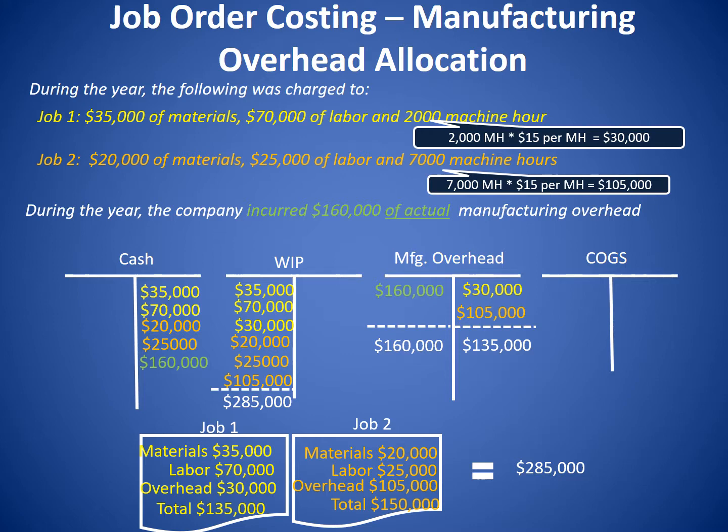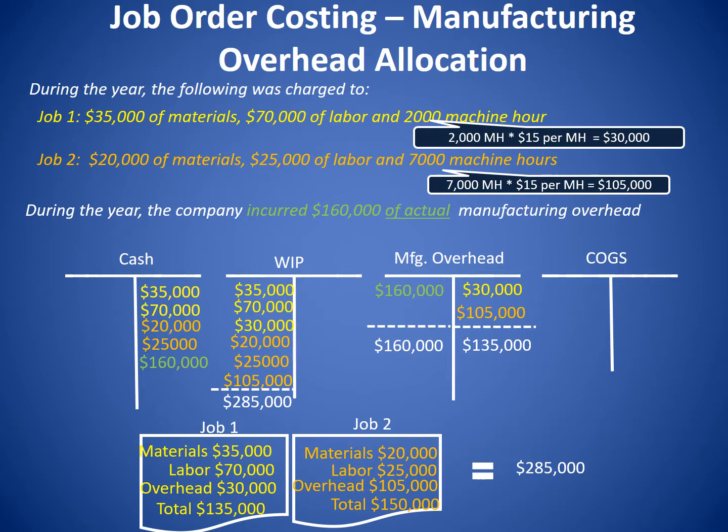Again, my manufacturing overhead shows $160,000 of actual cost, and I've applied $135,000, which means I did not apply enough overhead to my work in process. There's a technical term for this. When we don't apply enough overhead to work in process, we call that underapplied. Remember that term and remember the definition.